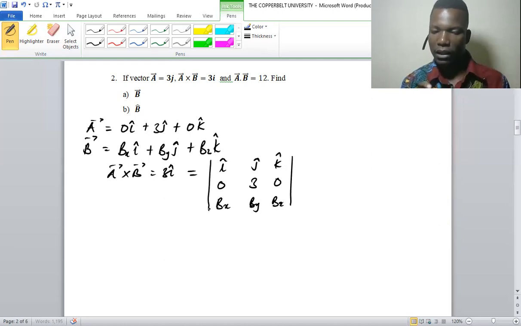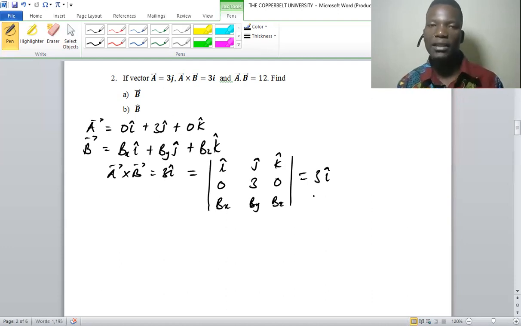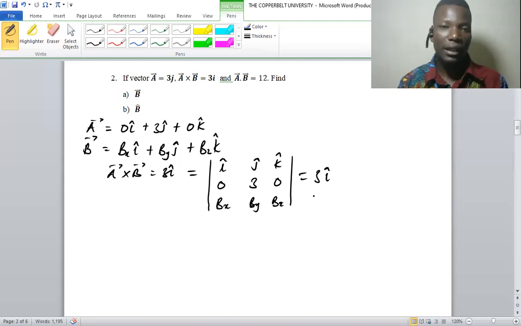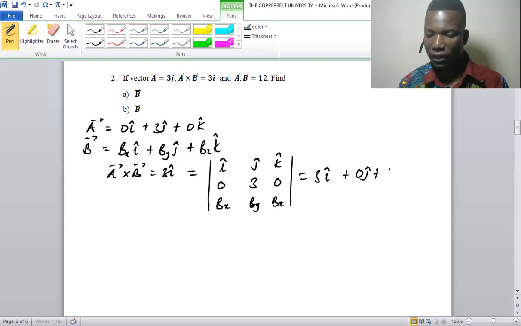This cross product should give us 3i. Now we know that when we cross 2 vectors, we're going to have a vector that is perpendicular to both vector A and vector B. So we can write it in 3 dimensions as well: 3i plus 0j plus 0k.